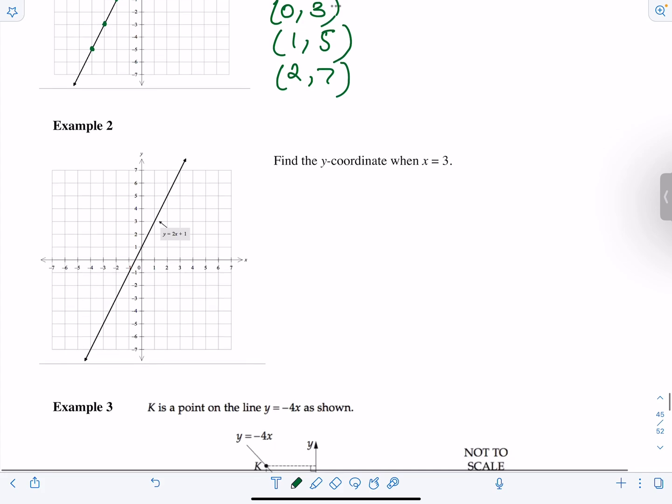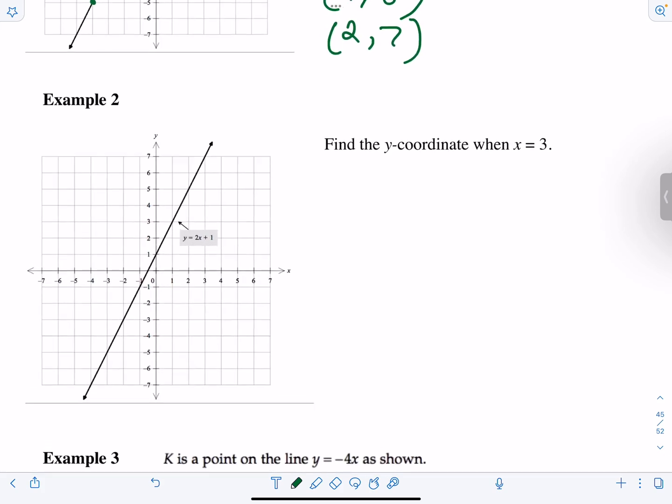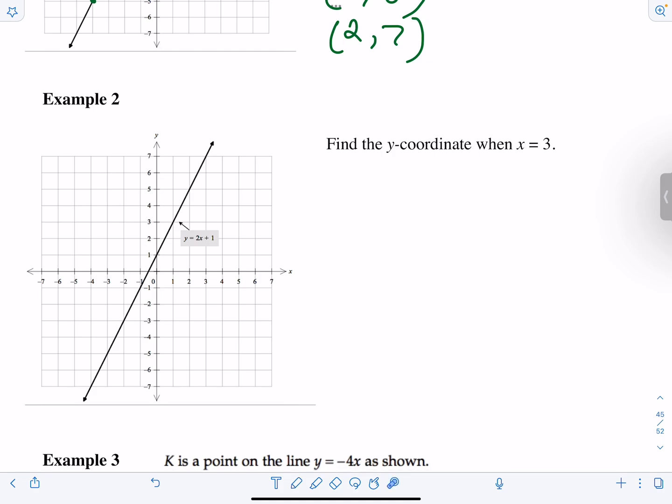Example 2 says, find the y-coordinate when x equals 3. So we go to where x equals 3, go up to the line, and then find the y-coordinate. When x equals 3, y is equal to 7. So that's the point there. Another way to find it is using the equation.